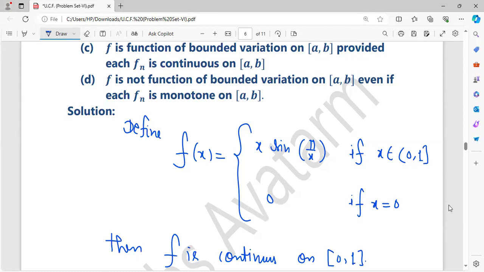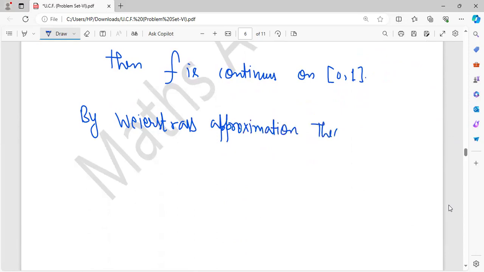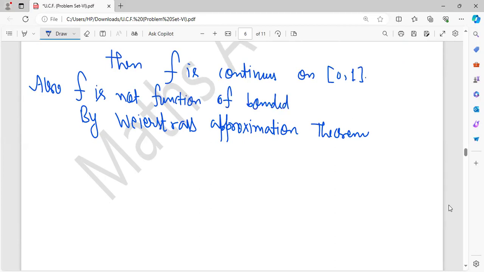Now, f is continuous, and also f is not a function of bounded variation on the closed interval [0, 1].